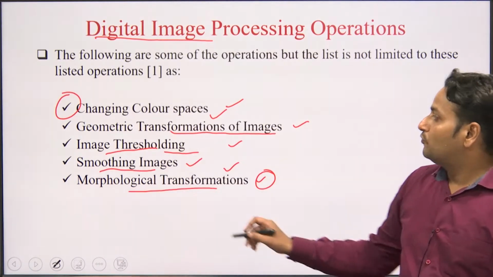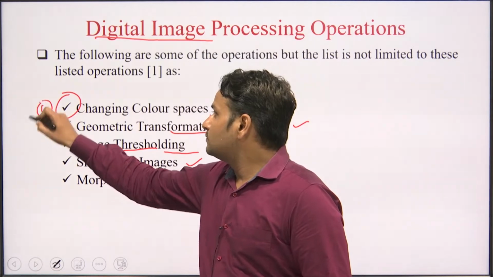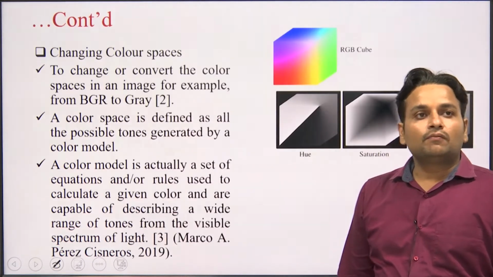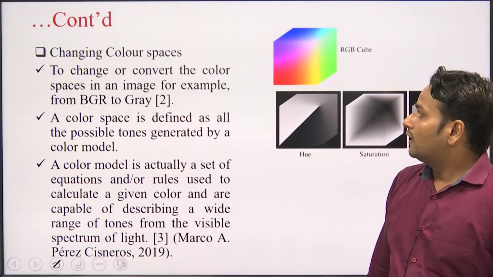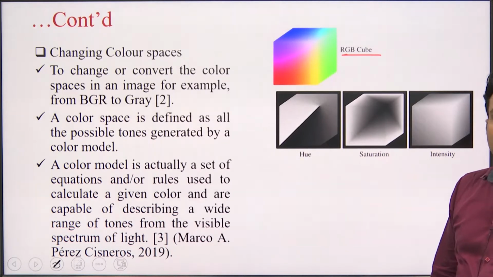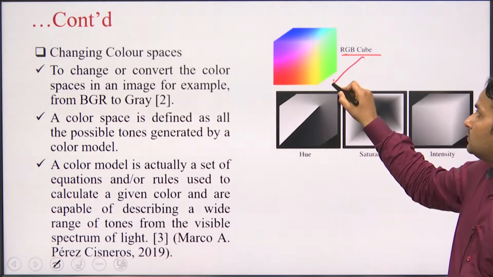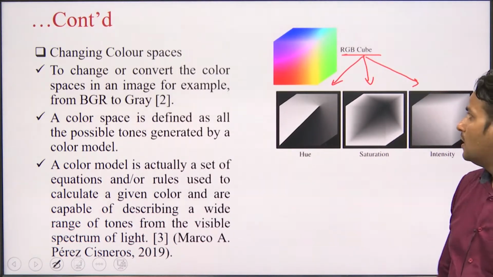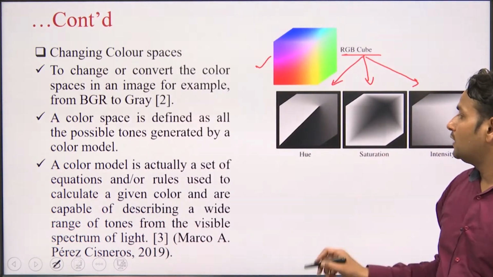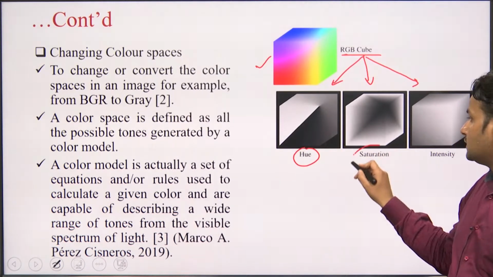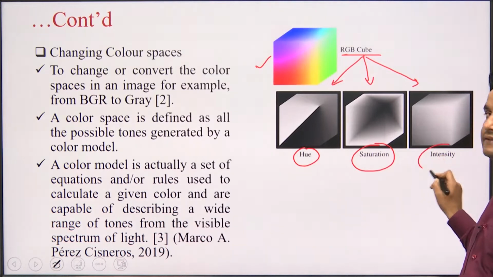So, if we go one by one, first is changing color spaces. Here you can see the RGB cube, and that cube is separated into 3 different blocks. Related to this, you can extract your information as hue, as saturation, as intensity.